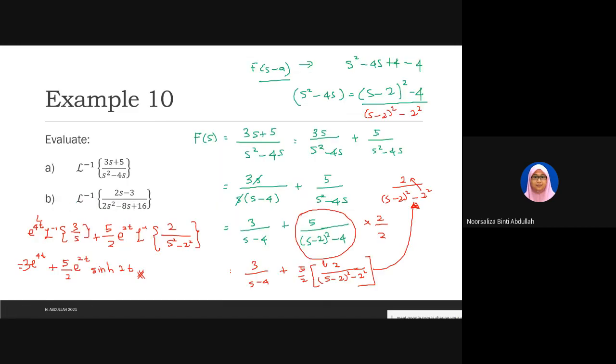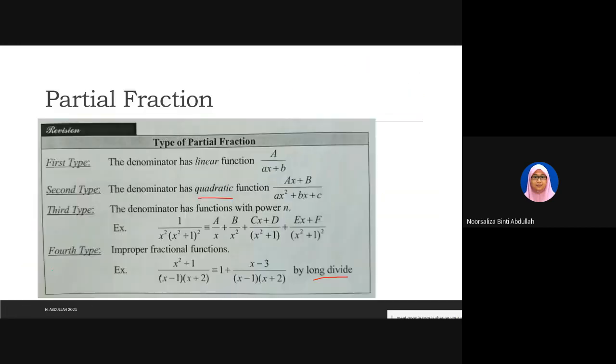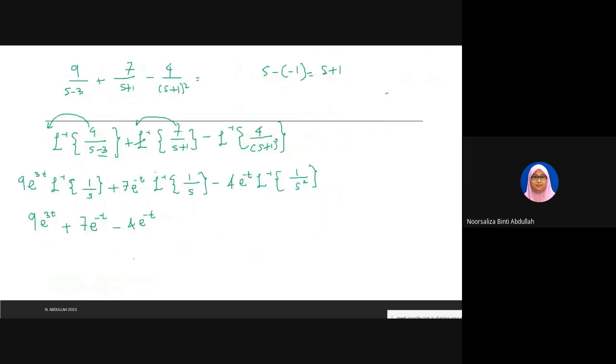So here is times t. So your f of t is equal to this one. Any questions?